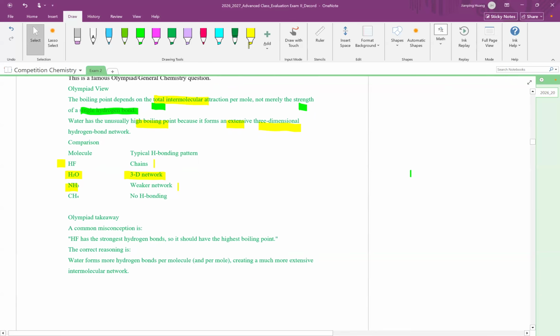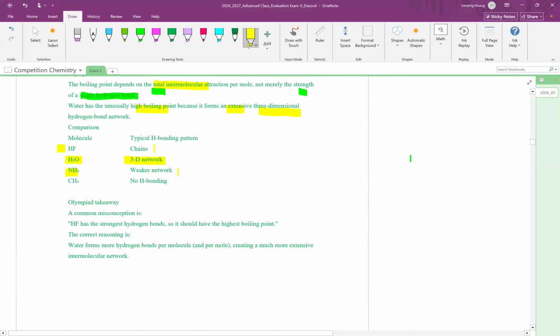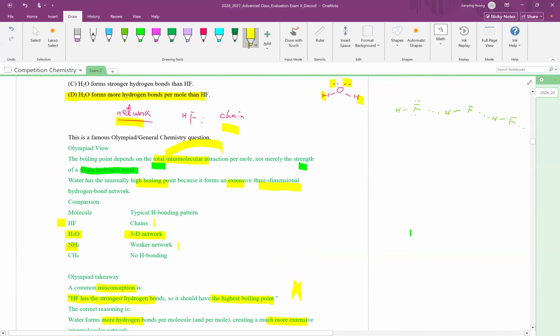So the takeaway, a common misperception is that HF has a stronger hydrogen bond, so should have a higher boiling point. No, it's not right. Water forms more hydrogen bonds, creating a more extensive intermolecular network. So we look at the total force, not strength.